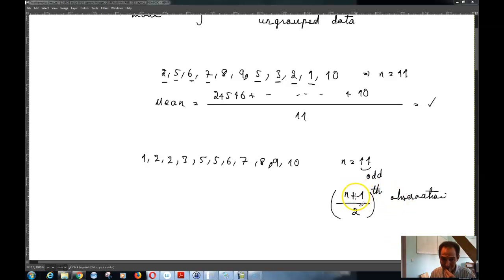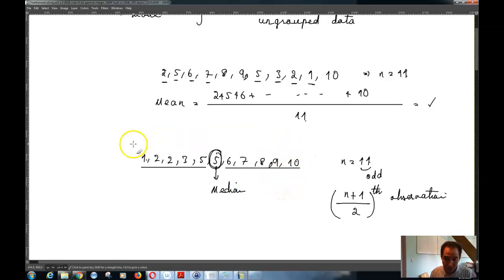Intuitively, you would pick 5 numbers on one side and 5 on the other, and this number comes exactly in the middle. So 11 plus 1 is 12, 12 divided by 2 is the 6th observation. This is the median of your data.